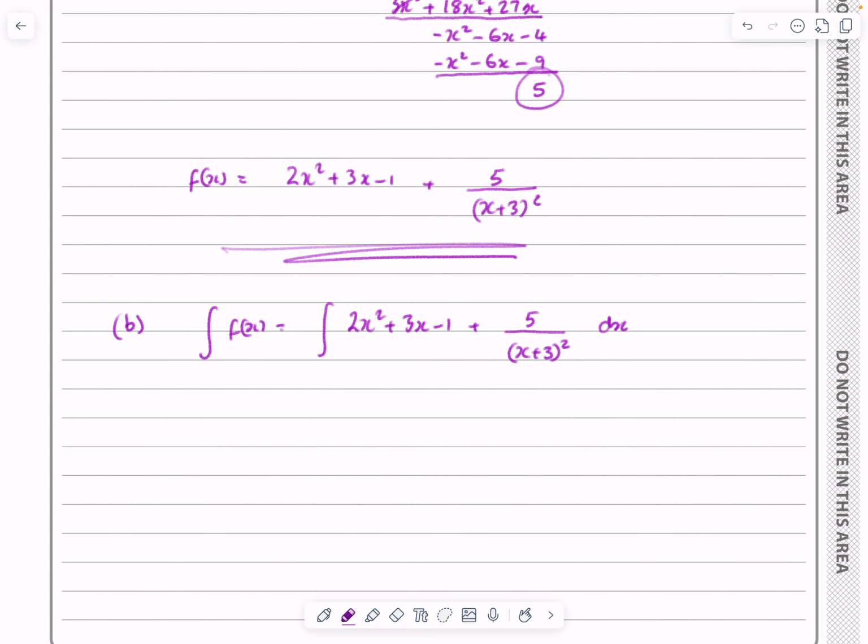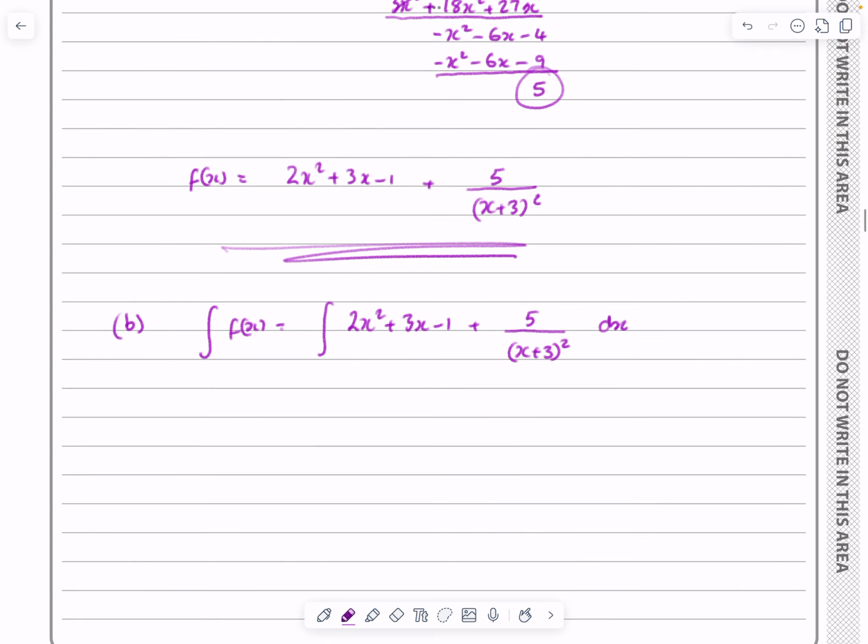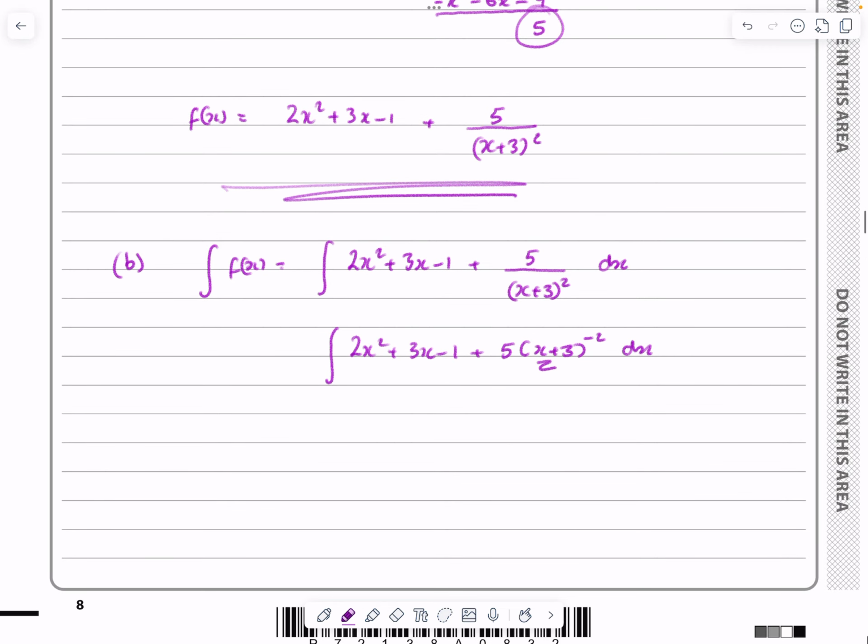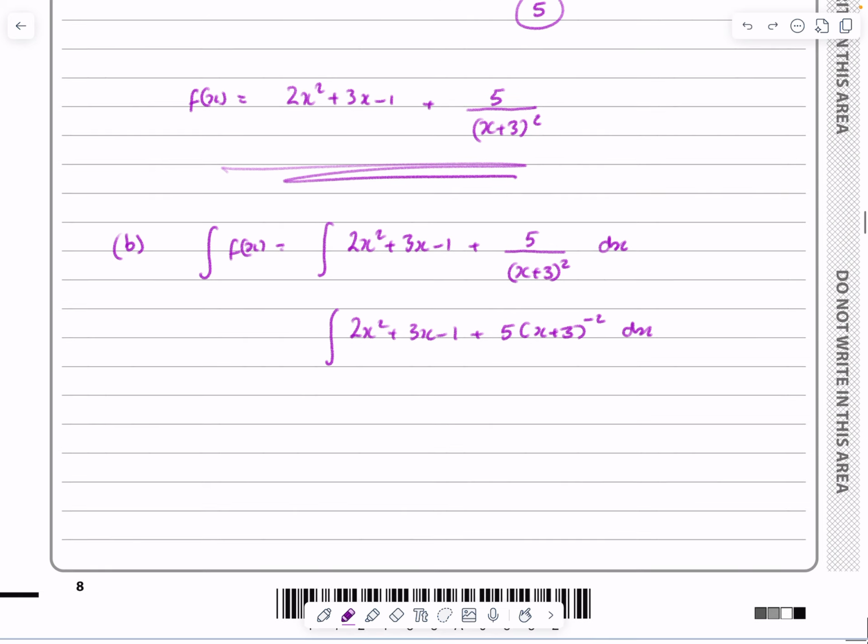But this isn't that much of a problem because, first of all, I can call it 2x squared plus 3x minus 1 plus 5(x plus 3) to the minus 2 dx. And then we can do this one by inspection. Because the differential of x is just 1 in there, this is actually a relatively simple one. If you want to, you can try it.